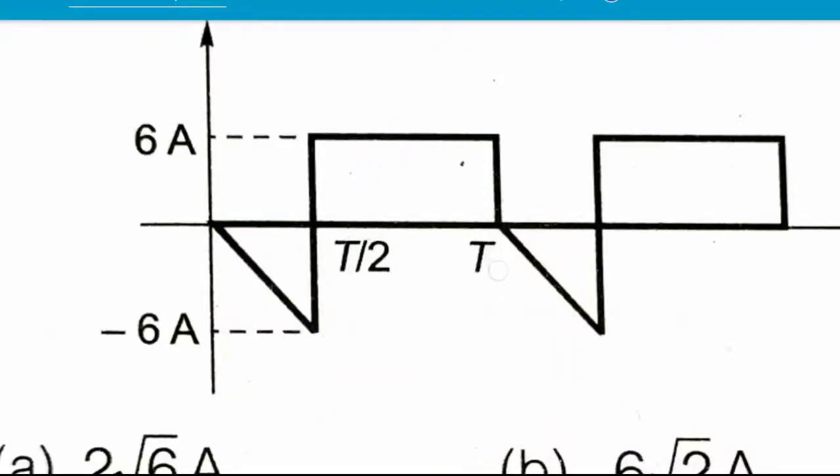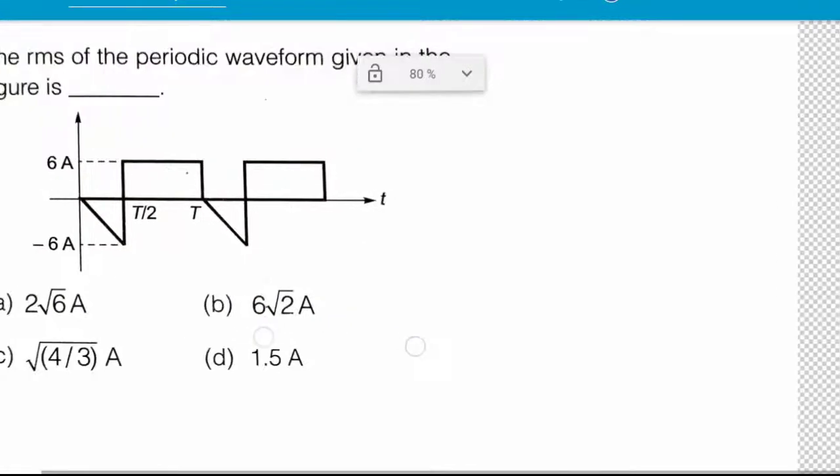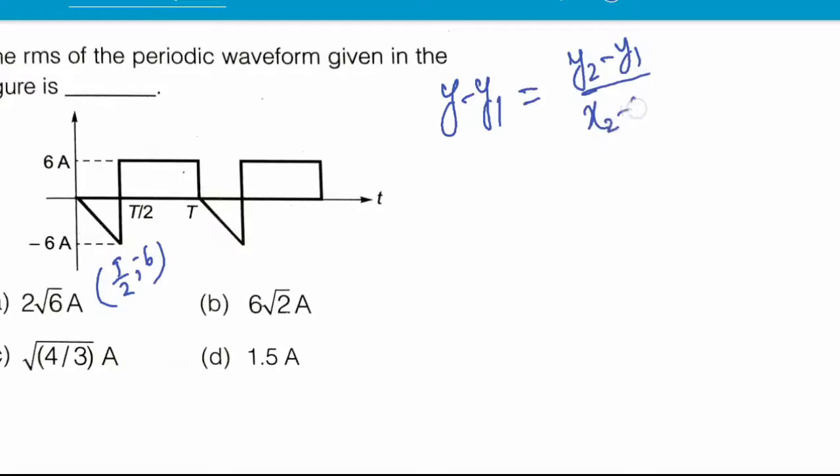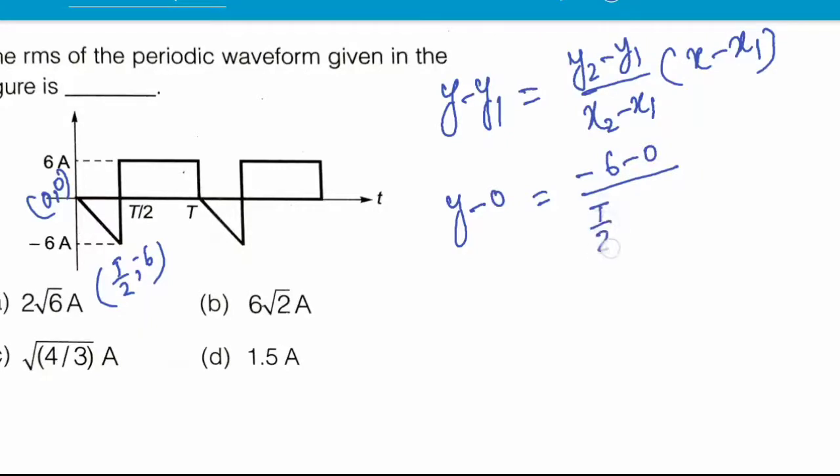So using the two-point form, this point is T by 2, minus 6, and the equation can be found as y minus y1 is equal to y2 minus y1 by x2 minus x1, whole into x minus x1, and here x1, y1 is the 0 point, so y minus 0 is equal to minus 6 minus 0 by T by 2 minus 0, into x minus 0.